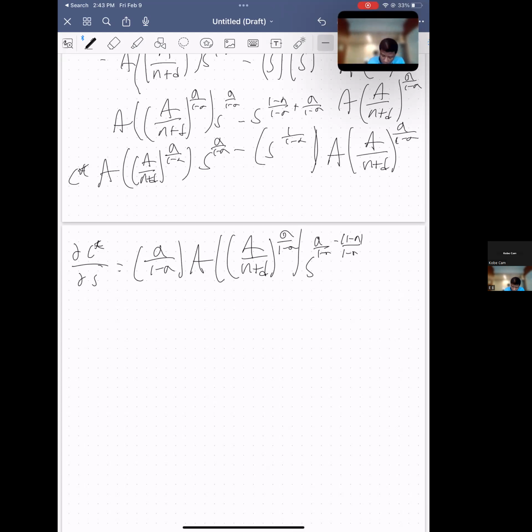And this is all being subtracted by the derivative of the second part too.